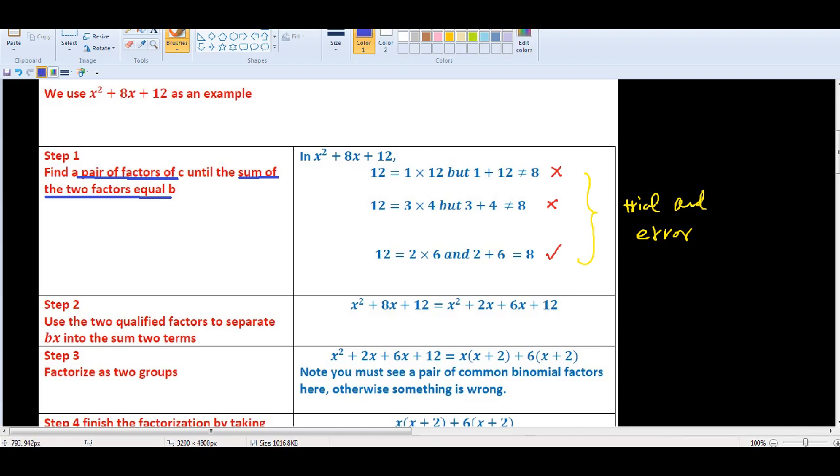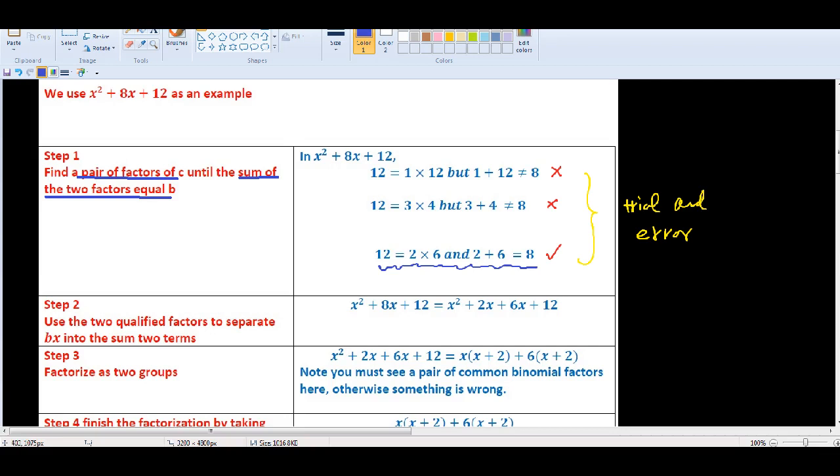So how special is that choice? You got 2 times 6 equals 12, and you got 2 plus 6 equals 8. So 2 and 6 are 2 very special numbers. How could you use these 2 numbers? That would be our next step. Use the 2 qualified factors. Qualified because they satisfy the above conditions.